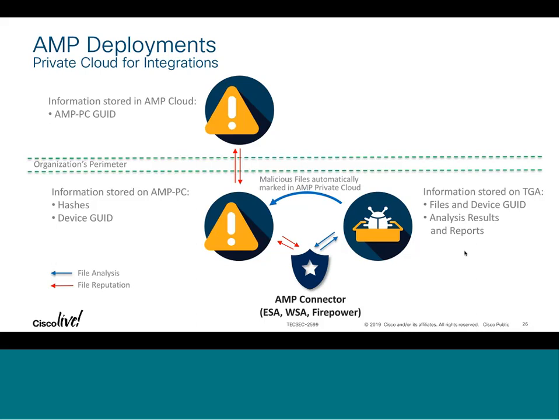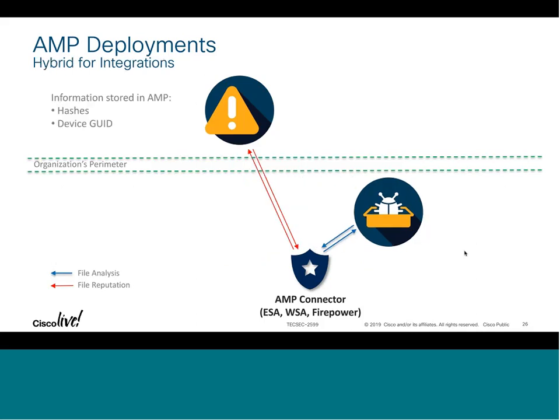Now, for particularly privacy-sensitive environments or places that say we absolutely can never send anything to a public cloud entity, you would disable that external reputation lookup. So that would be a completely on-premise air-gapped deployment, as opposed to the mediated, what we often call the proxy mode deployment for the private cloud.